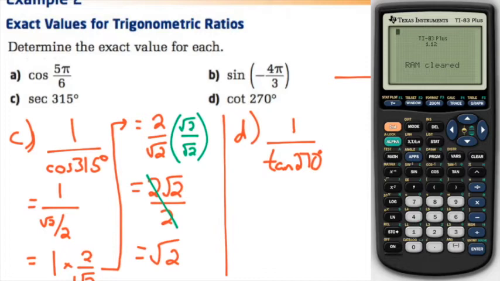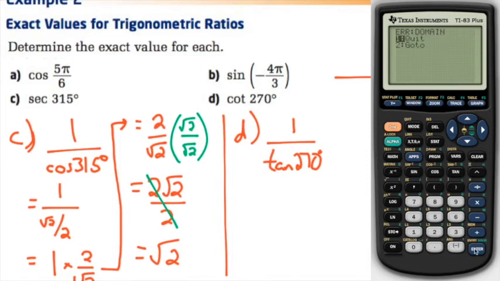We'll need to make sure that it's in degree mode. So we'll change that. And then we can just type it in. 1 over, we'll need brackets just to make sure, tangent of 270. We'll close both sets. And there's an error.